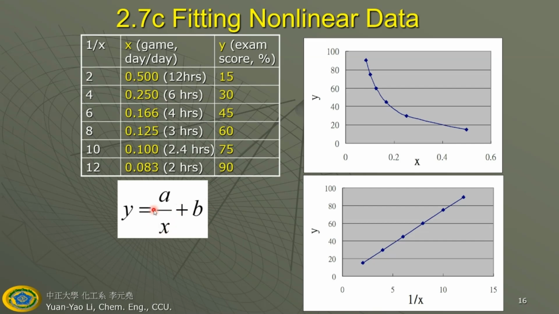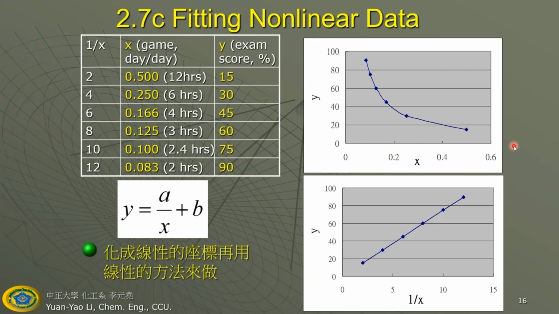This reciprocal of x is x prime, not the same as x. As long as you find a and b, you can tell me how many hours you play and what score you can get. Or you can say, well, I want to get 70 in my final score. How many hours of game can I play, right?